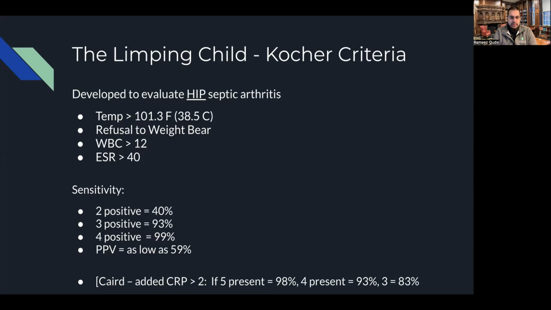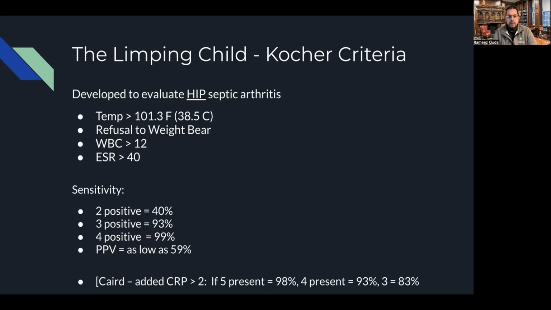The positive predictive value, though, of the test is maybe around 59%, depending on one of the studies. And what that means is if the Coker criterion are positive, then there's about a 59% chance that the child has septic arthritis. So just keep that in mind with these numbers. But at the moment, this is one of the most relied on criterion.